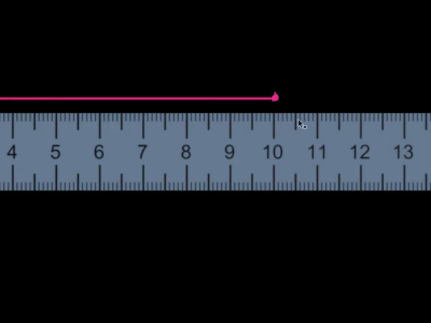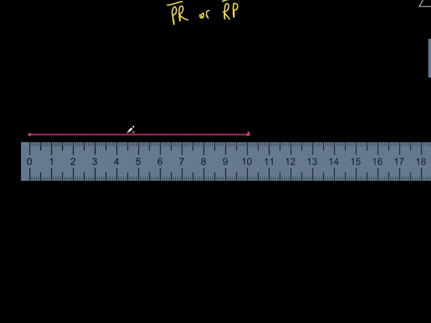So if this is broken up into 10 segments, each one would be 1/10 or 0.1. All right, so it's 10.1. So if I wanted to measure this, and let's make this a little bit smaller, I would say the measure of this is 10.1 centimeters. Let's do this.